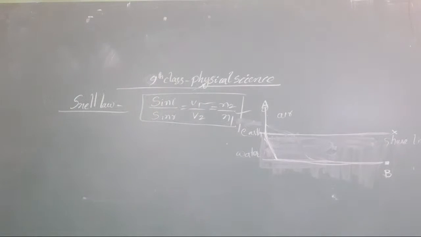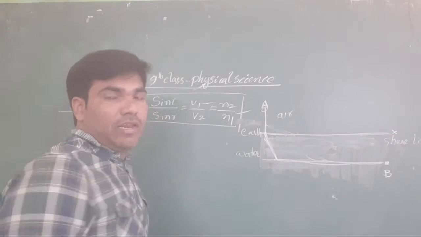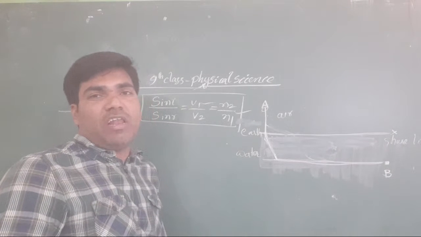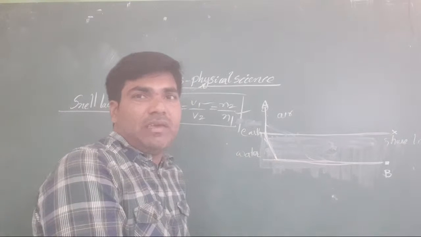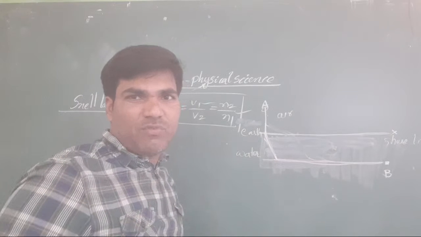What is the general practice? When a person is screaming in the water, you become hurried and worried about which path to select to reach point B earlier, and you get confused.